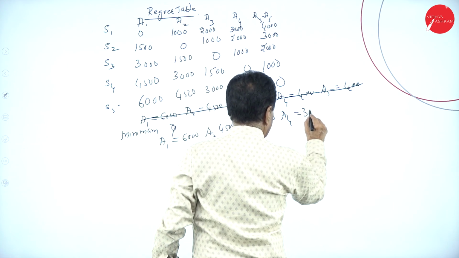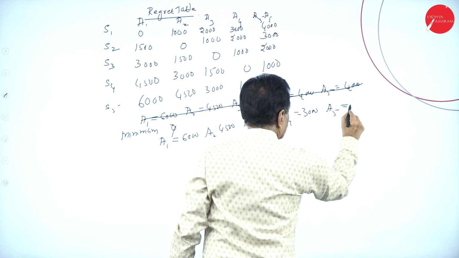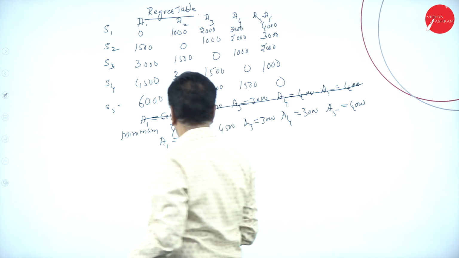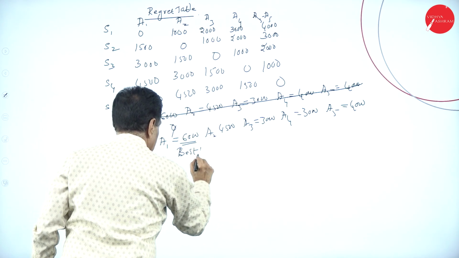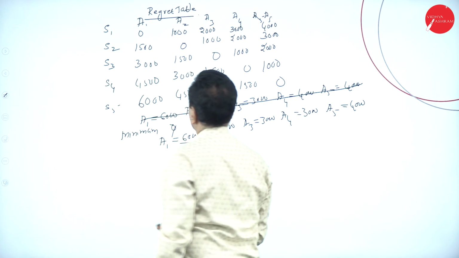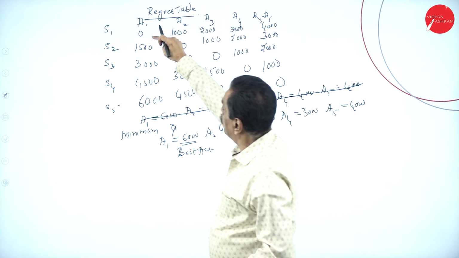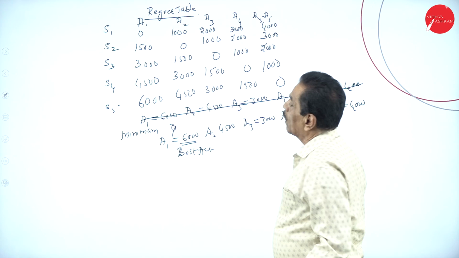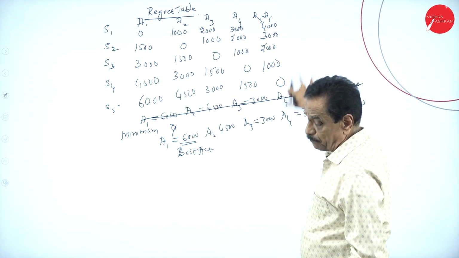A4, 3,000. A5, 4,000. First you select the maximum regret for each, then the minimum among them. Among these, the minimum is 3,000, so A3 and A4 are the best acts.